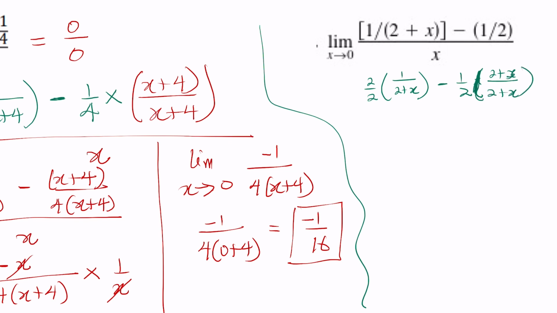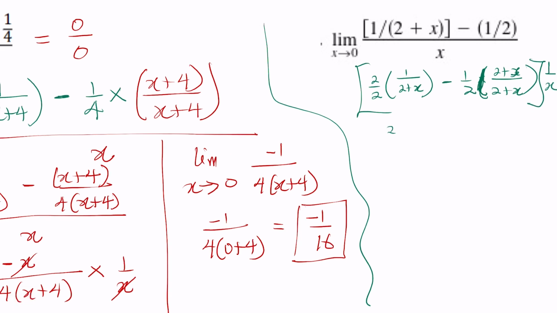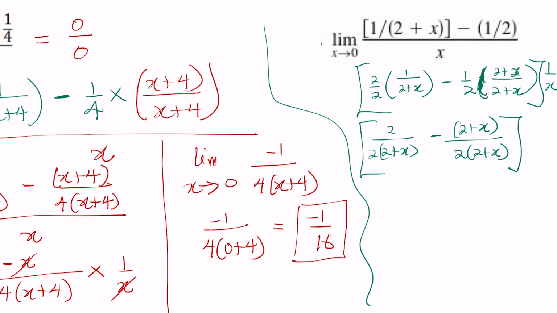Instead of writing all divided by x, I'll just put 1 over x. So this will simplify to 2 divided by 2 times 2 plus x, minus 2 plus x divided by 2 times 2 plus x, all times 1 over x.